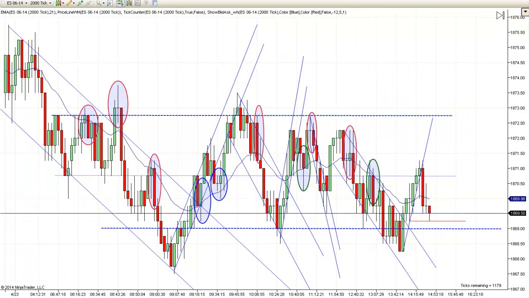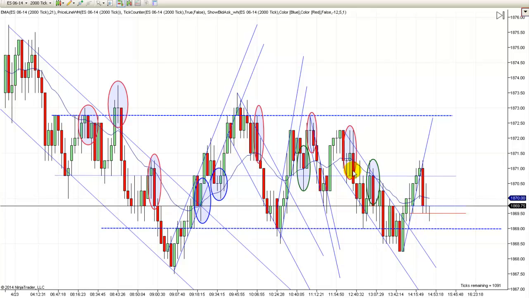Let's see what else. How to avoid chop and slow grind up or down. The only way to avoid it is just stay out of it. Don't trade it. When you start to see these dojis and these overlapping bars, if you're not sure what prices are doing and which way they're headed, you're just gambling if you enter. So do not enter. You've got to understand how to read the chart and understand what's going on. And even then, you can get fooled.